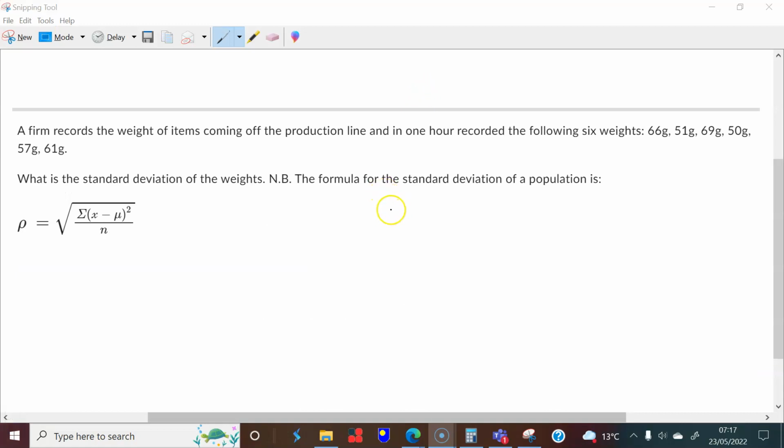So, question 2. Our first task, of course, here in terms of standard deviation calculations is to find the mean.